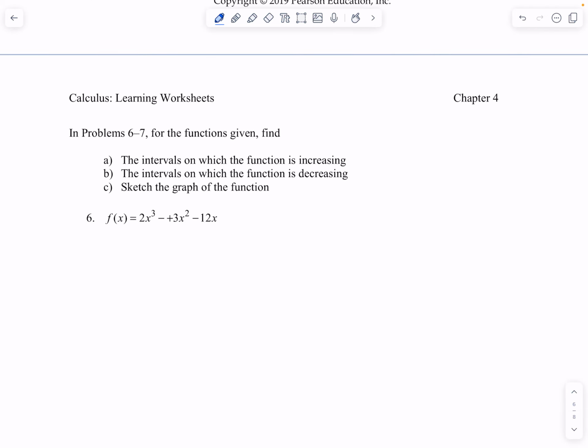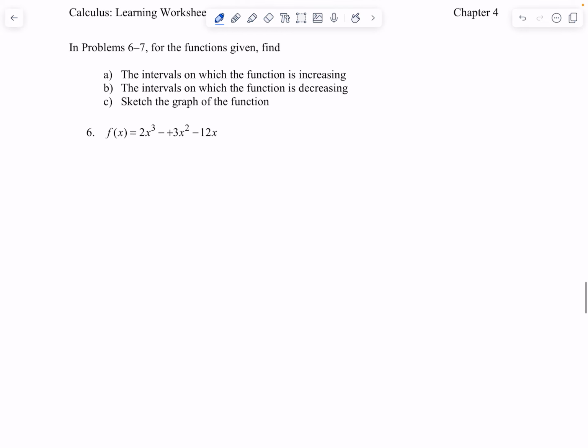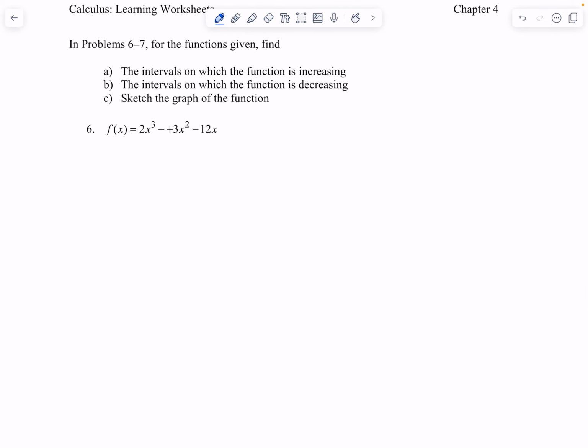In problems 6 and 7, for the functions given, find the intervals on which the function is increasing, decreasing, and then sketch the graph. Okay. So we'll do our same process. Let's find the derivative. F of x equals 2x cubed, I think this is a typo, we don't need that, 2x cubed plus 3x squared minus 12x.